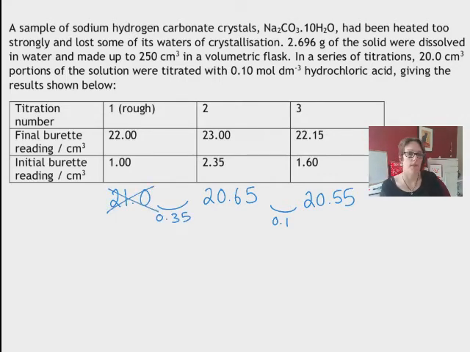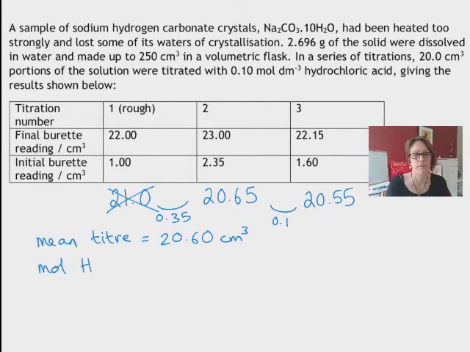But actually, the 2 values on the right are the only ones that are close enough, so the error in a titration needs to be within 0.2 centimetres cubed. So my mean titre value is actually only going to be 20.65 plus 20.55 divided by 2. I'm not using the rough.